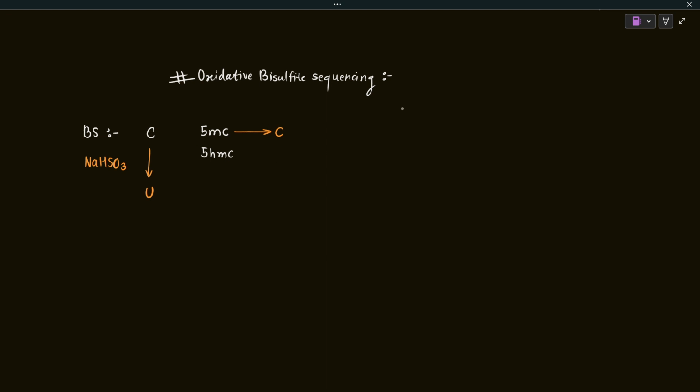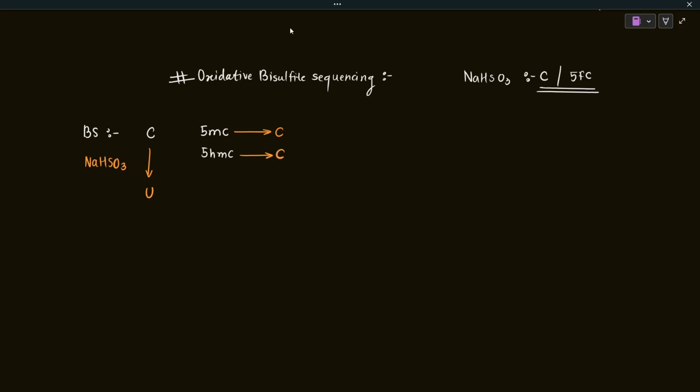But there's a thing you need to know here: sodium bisulfite can only work on cytosine and 5-formyl cytosine. It can only deaminate both of these. So it can't work on 5-methyl cytosine and 5-hydroxymethyl cytosine, and that is why, just like 5-methyl cytosine, 5-hydroxymethyl cytosine is also read as cytosine in bisulfite sequencing.